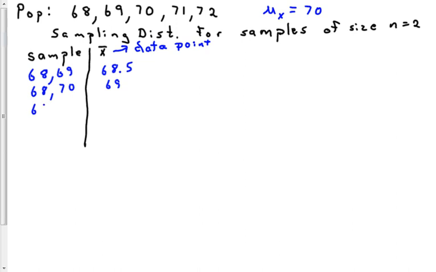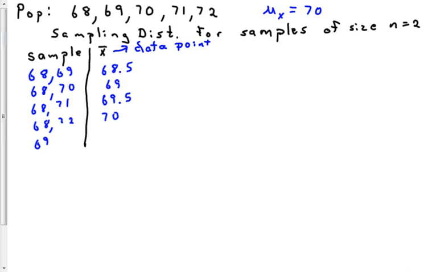A 68 with the 71. An average of 69.5. And we could do the 68 with the 72, an average of 70. That's all the possible samples of size 2 where 68 is part of it.